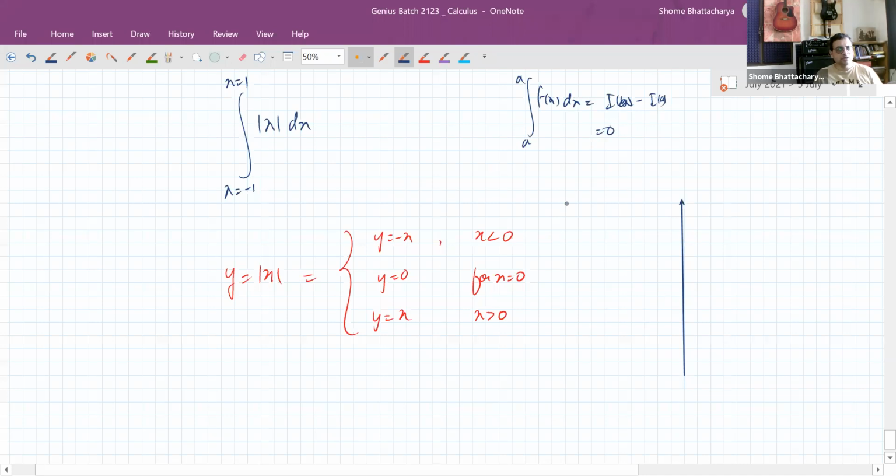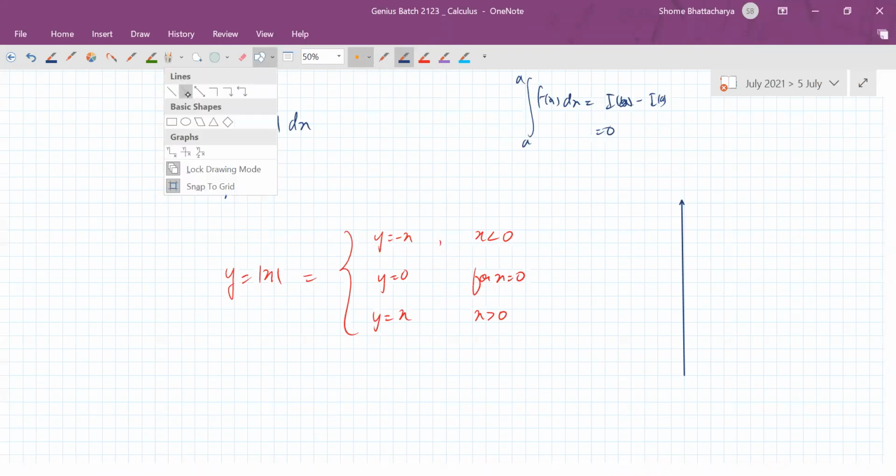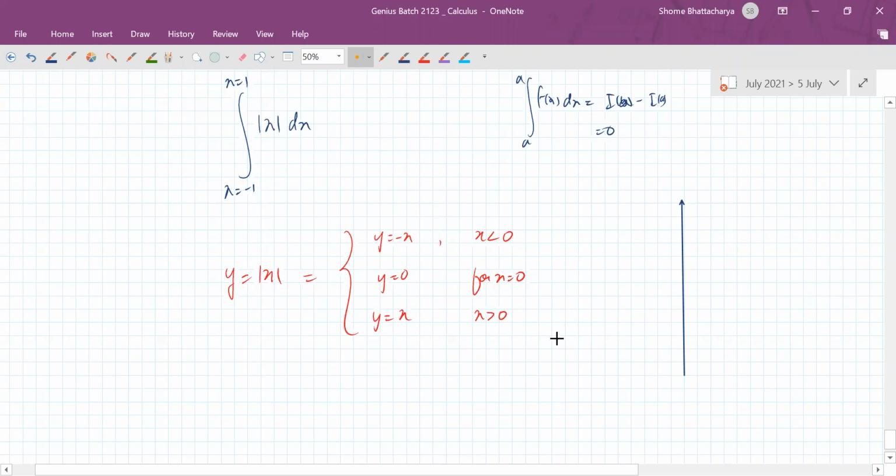Or you can think of it like this, that you are integrating from a to b and let b tend to a. So when b tends to a, the change in x is tending to 0, so the area will tend to 0. Sir, I was trying to explain it in terms of the integral.